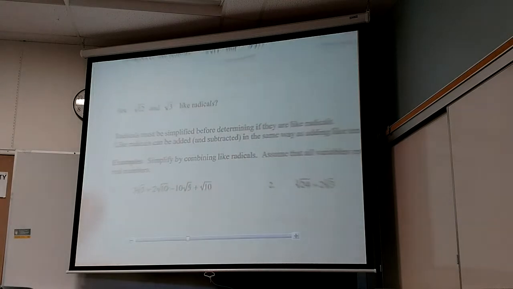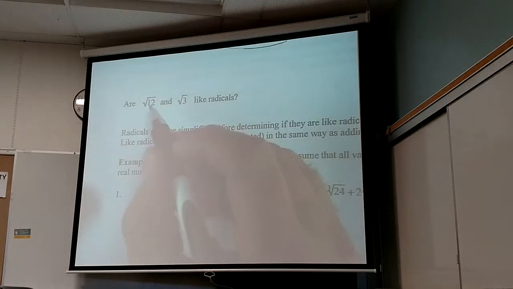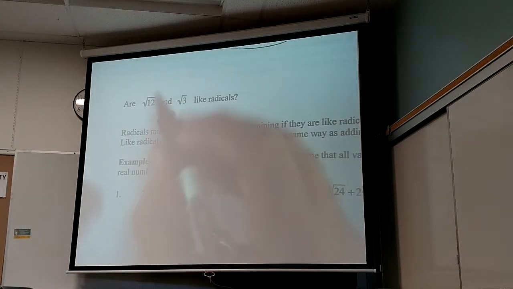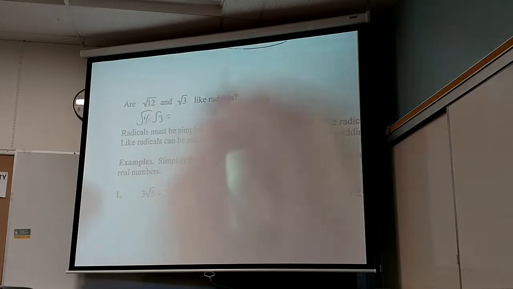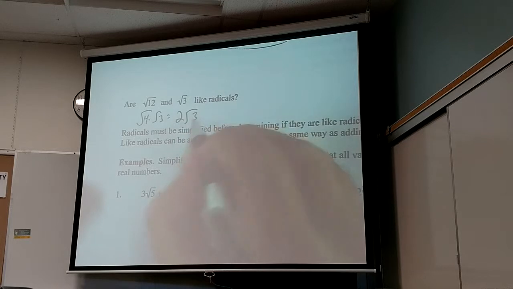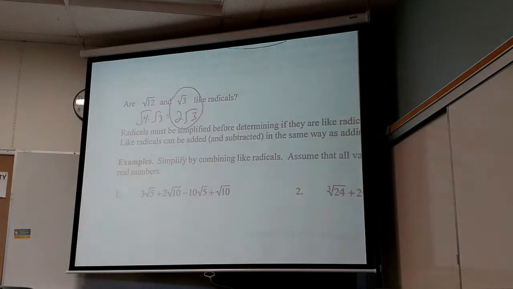What do you do when you simplify this guy? 4 and 3. Yeah, so I can get square root of 4, square root of 3. What's the square root of 4? 2. Square root of 3, I don't know. So now I see that they are actually like terms. They're like radicals. It's like totally radical. So then, yes. What page? 186, yeah.